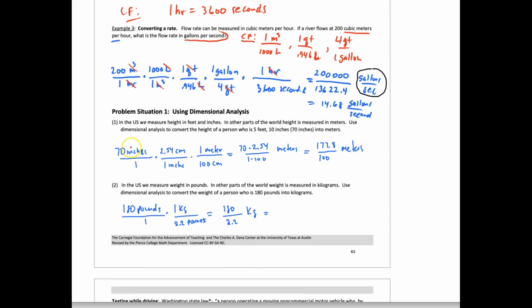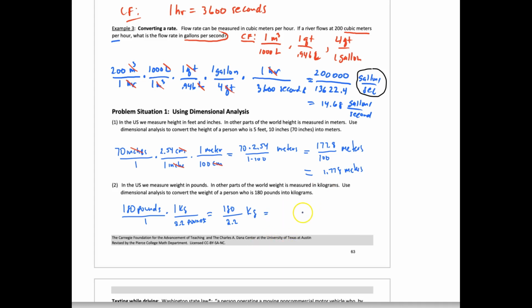We have the top inches cancels with inches, centimeters with centimeters, and notice we're left with meters at the end. And then we would have that calculation there. As you top times top times top, bottom times bottom times bottom, and then you've got to do 177.8 divided by 100. And so then that turns out to be 1.778 meters.